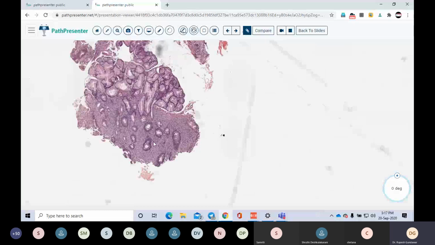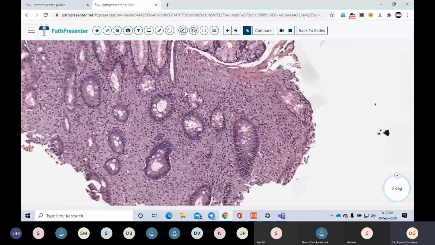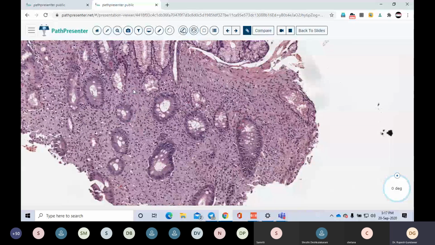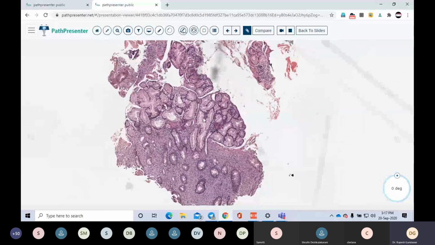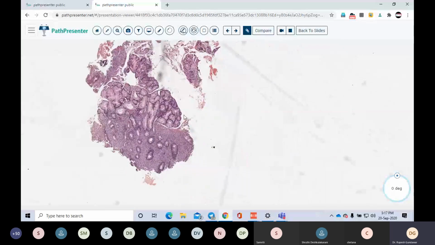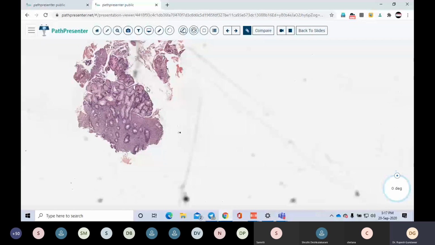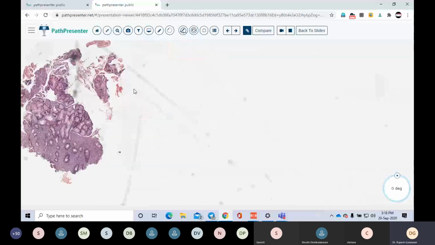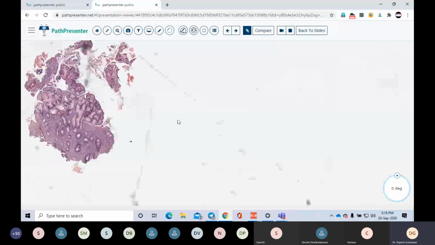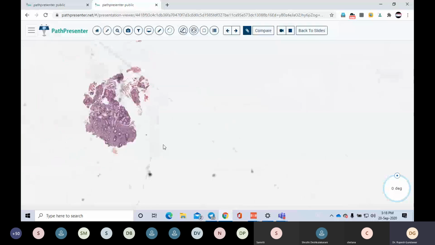Here also there are aggregates or sheets of macrophages expanding the lamina propria, but MAC will never give you the dilated lacteal finding. So that is one differential factor. In case you don't have access to special stains, this dilated lacteal finding can help you decide between MAC or Whipple. But if you have special stains, it is always advisable to go for them.